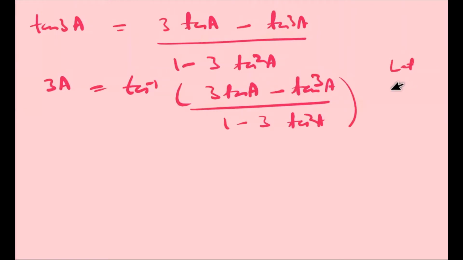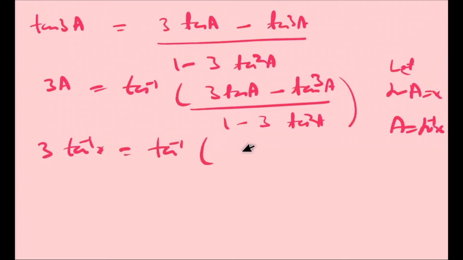Now let tan a equal x, then a equals tan⁻¹ x. So putting here, we can say the 3 tan⁻¹ x formula is tan⁻¹((3x minus x³)/(1 minus 3x²)). Student, whatever formulas we have studied in trigonometry, we can use here.